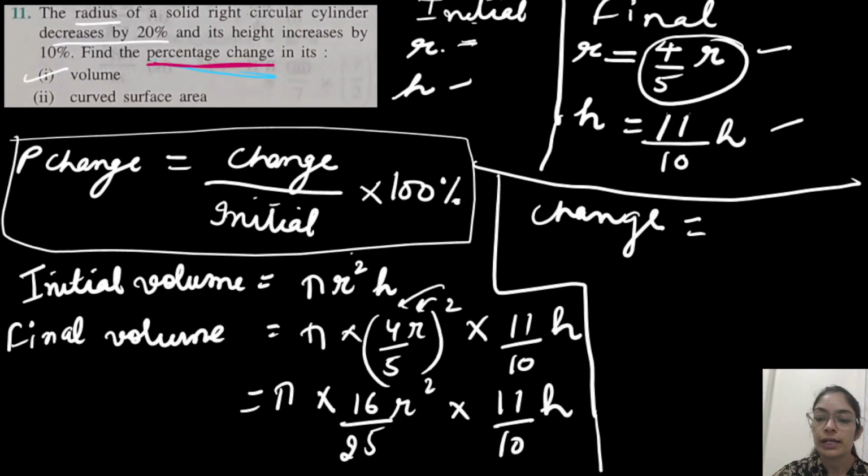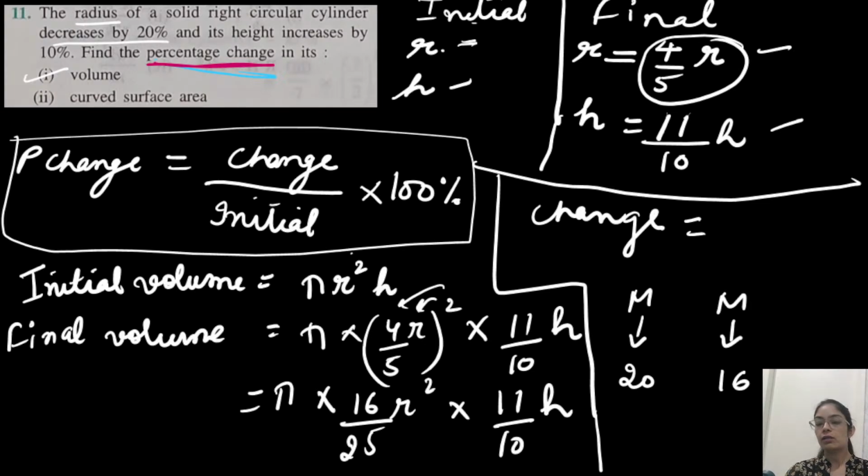Now we have to find the changed volume because we are substituting the values in this formula. So how much change is there? Whenever you are finding change in anything, you have to subtract. For example, suppose in your maths test, initially you got 20 out of 20 and now you are getting 16 out of 20. What is the change? The change is 4 marks.